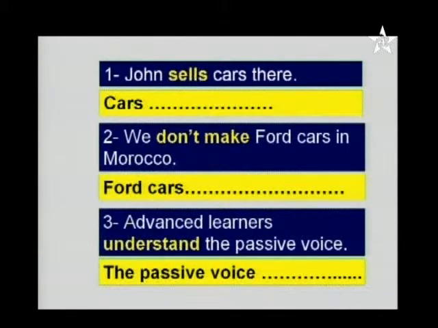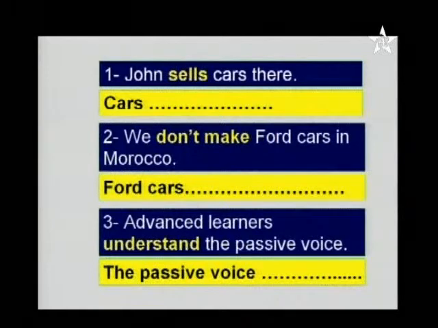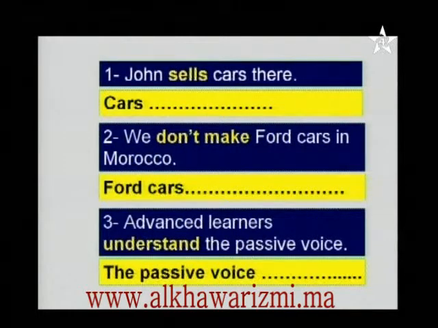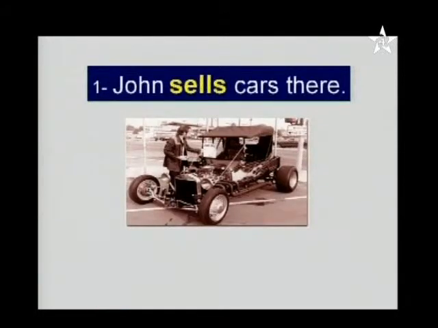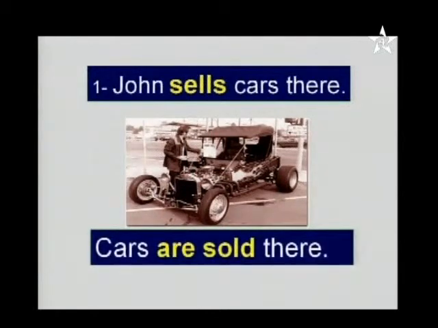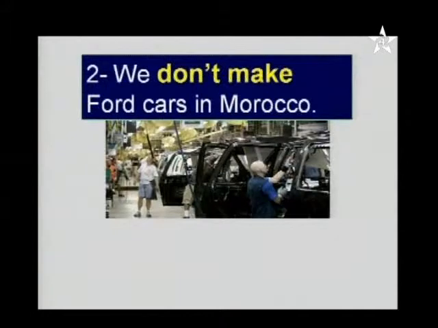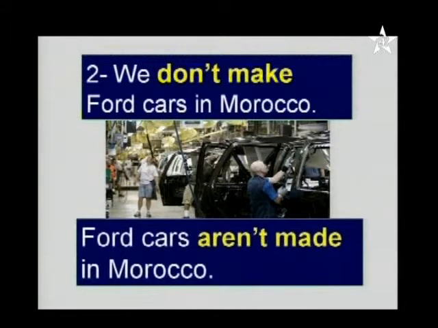Okay? Right. So let's correct this exercise. John sells cars there. What did we say? Cars are sold there. Second sentence, we don't make Ford cars in Morocco. So Ford cars aren't made in Morocco.